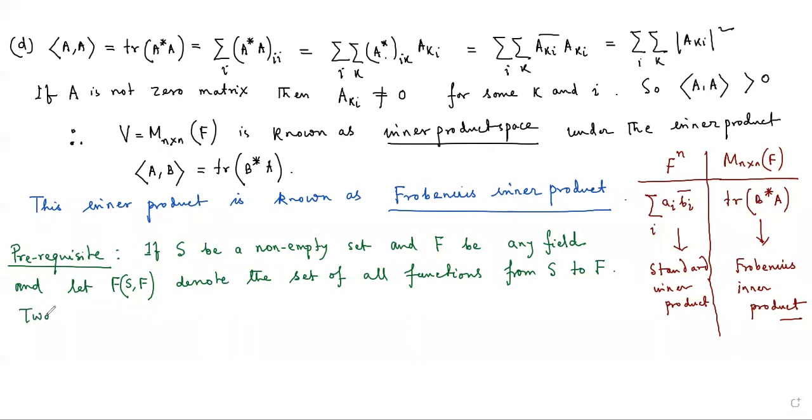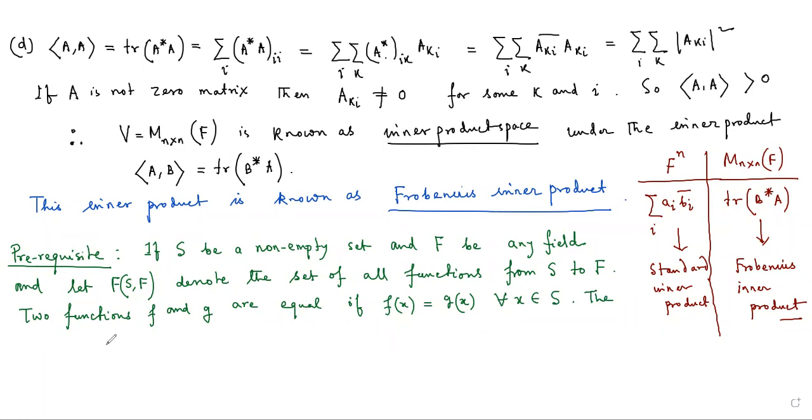Two functions f and g are equal if f(x) is equal to g(x) for all x belonging to S. Okay.